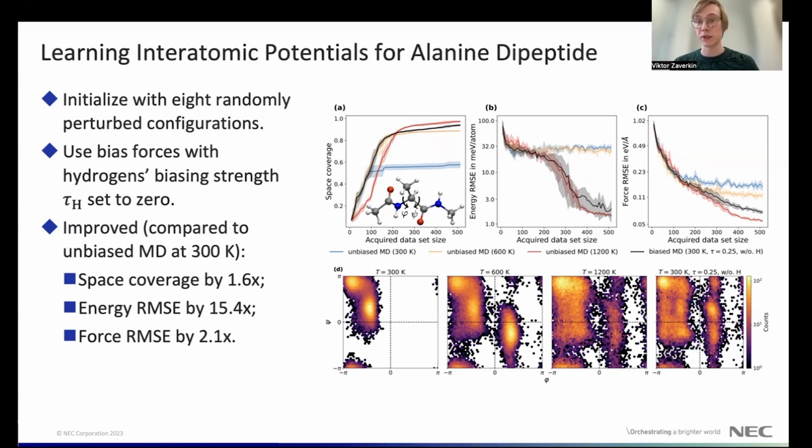Another disadvantage of high temperatures is that whenever we use models which allow bond breaking and bond formation, high temperature can degrade the structure, meaning it can destroy it.